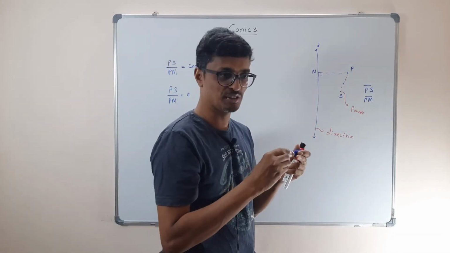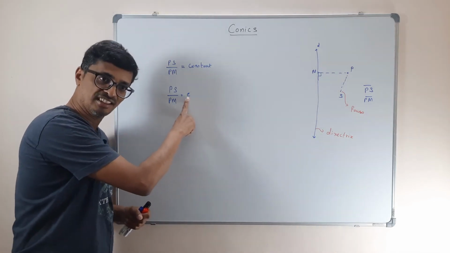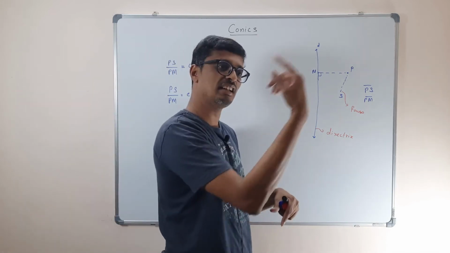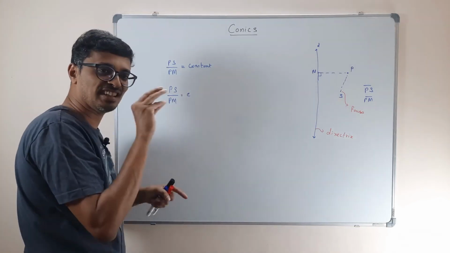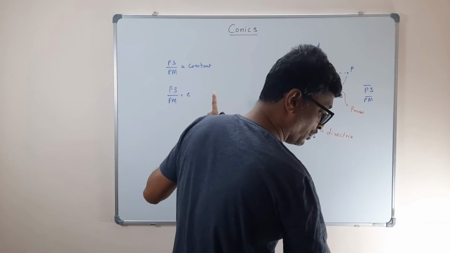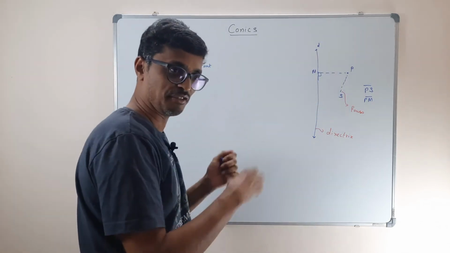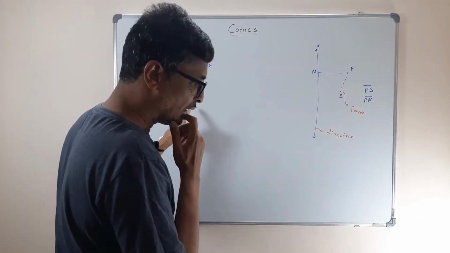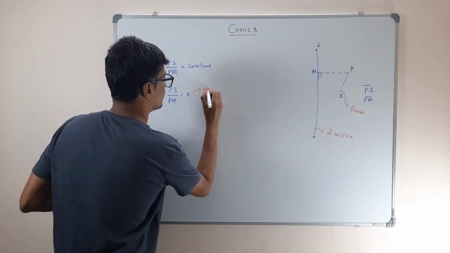That's the beauty of this locus. Choose your E, and that E will give rise to your ellipse, circle, parabola, hyperbola. Everything is defined by only one quantity, that is E. We will see as we go along from the equations how this constant is going to define your different family of curves. And this E is called your eccentricity.